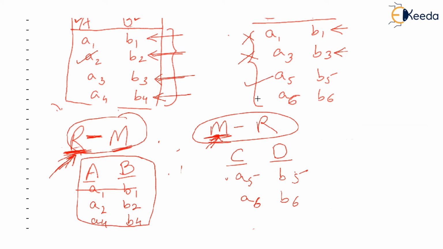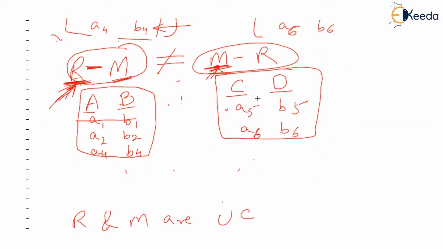So you can see that R minus M is not equal to M minus R, or may not be equal to M minus R. It's not necessary that A minus B should be equal to B minus A, but it is out of intuition that A union B is surely equal to B union A. Yeah, definitely, isn't it?